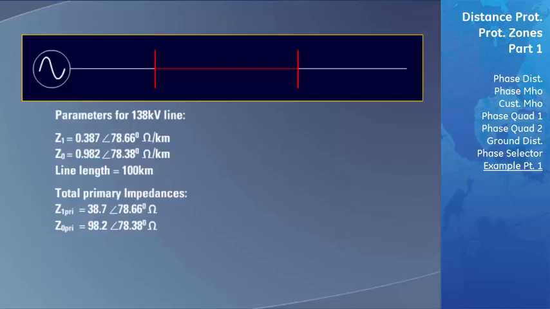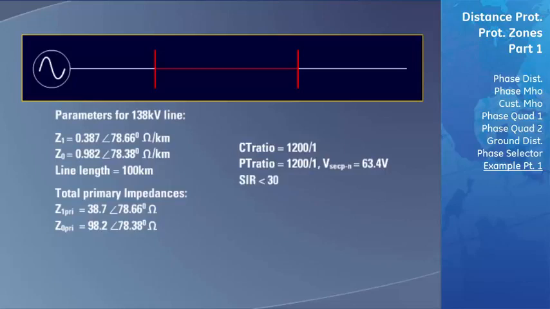Some other line information we will need is the CT and VT ratios, which are both given as 1200/1. The VT secondary voltage is 110 volts for a phase-to-phase connection and 63.4 volts for a phase-to-neutral connection. Our VTs will be connected in a Y or star format. Therefore, the secondary VT voltage will be 63.4 volts.